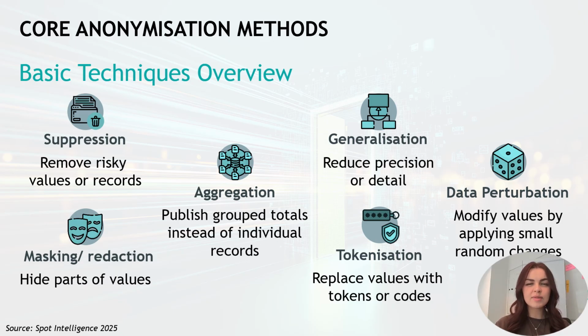Although this does not automatically make data anonymous, if the token can be linked back. Data perturbation changes values slightly, often in statistical datasets, to reduce disclosure risk. In practice, these techniques are often combined. Some of these methods remove or hide information, while others reduce precision or modify values. We will look at some of them step by step.